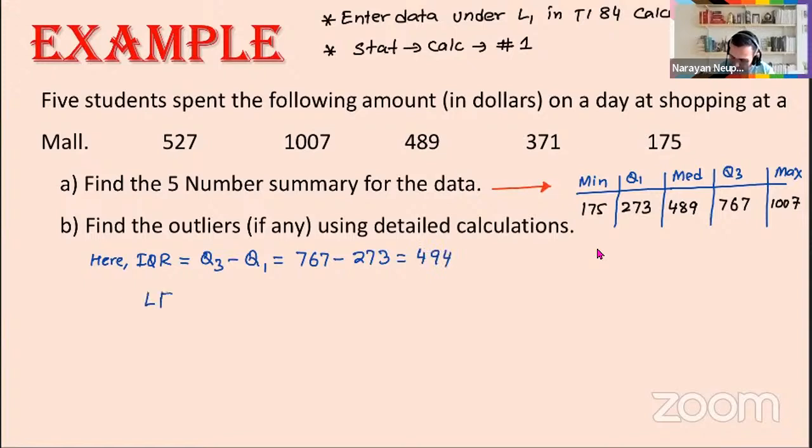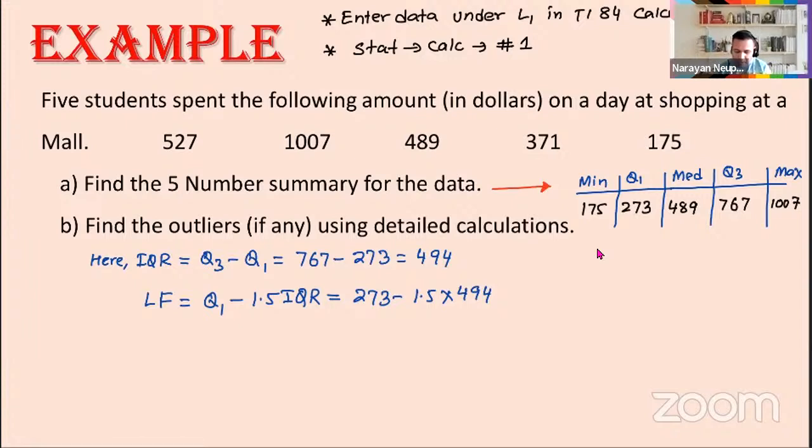Then the lower fence will be Q1 minus 1.5 times IQR. That's the formula. Q1 is 273, then minus 1.5 multiplied by the IQR, 494.